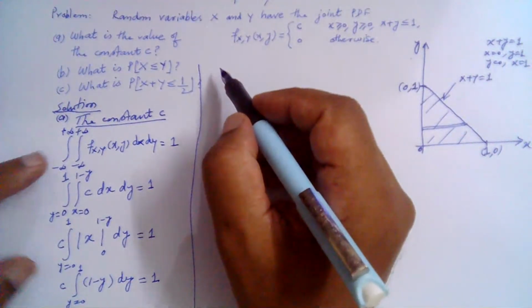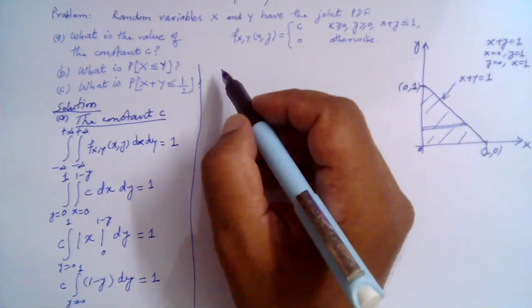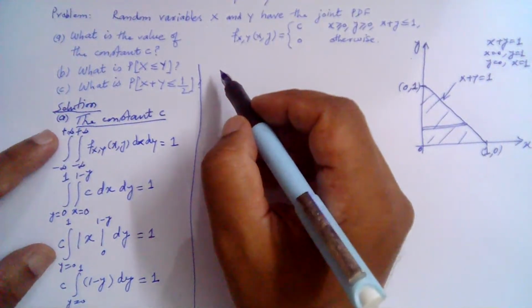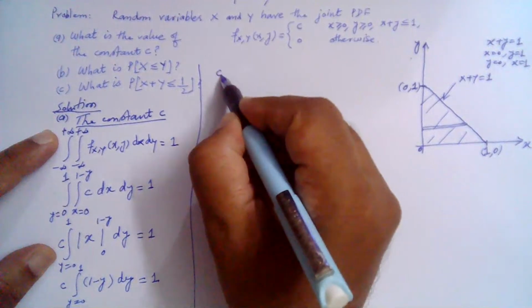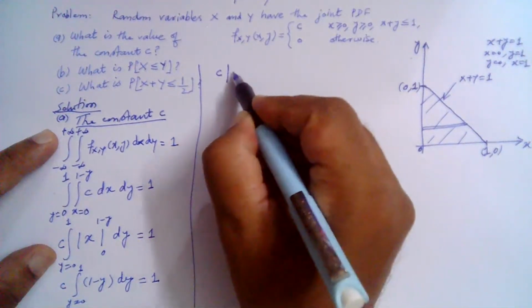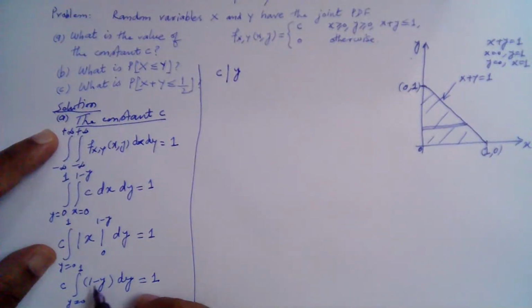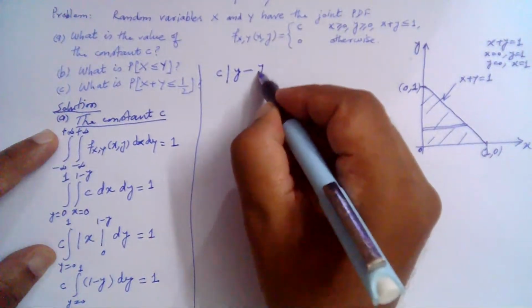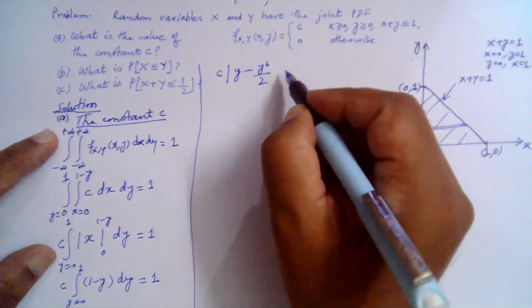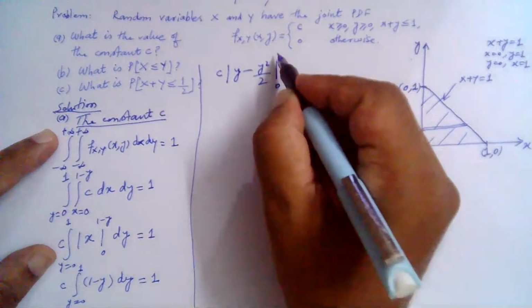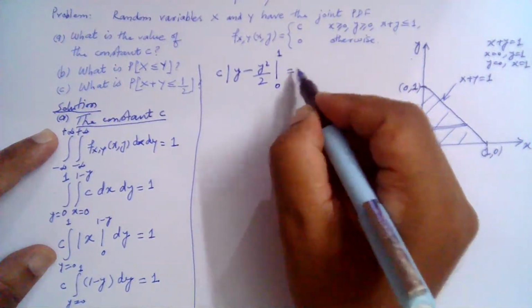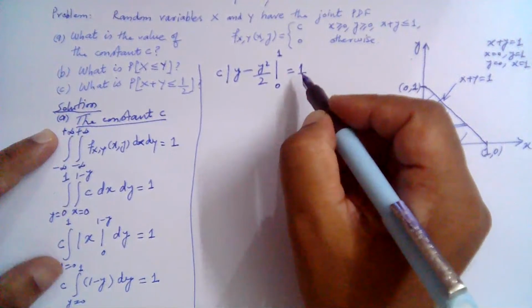Now we integrate with respect to the variable y. So c here, and we have a y here, minus y square over 2, and the limits are from 0 to 1, and that should be equal to 1.